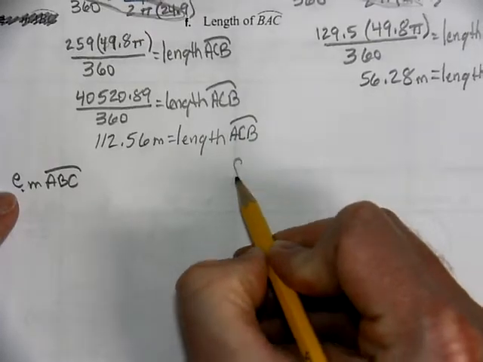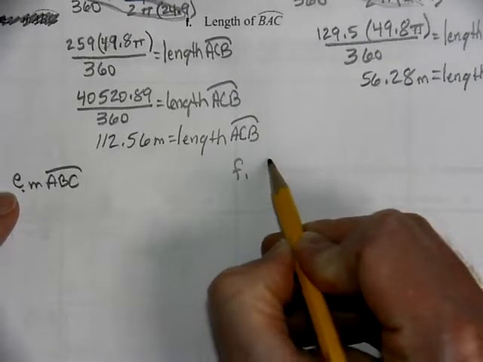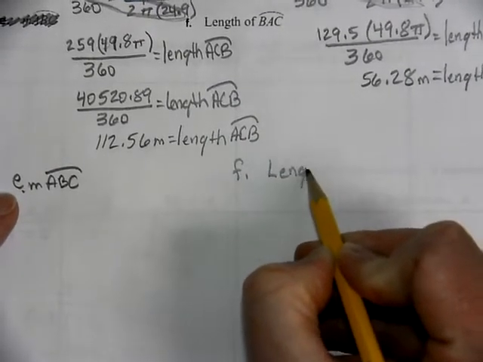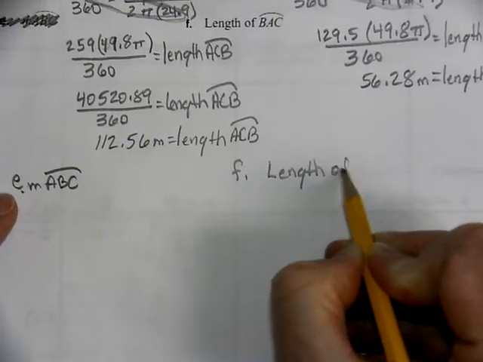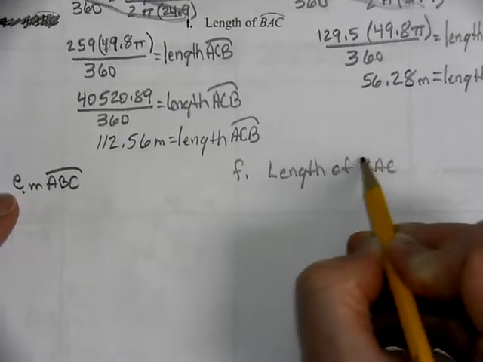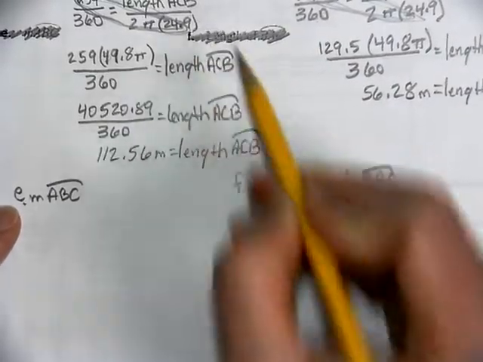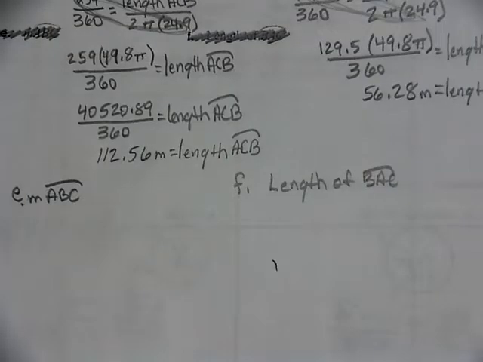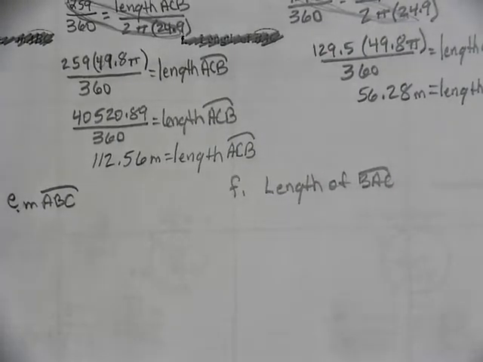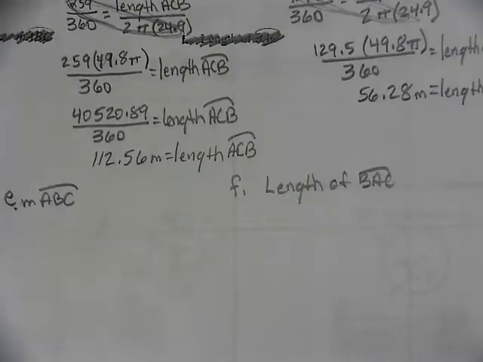And then I'll bring down this number, which is the length of BAC. Just not enough room to do all these proportions. All right, let's take a look at what this one is.